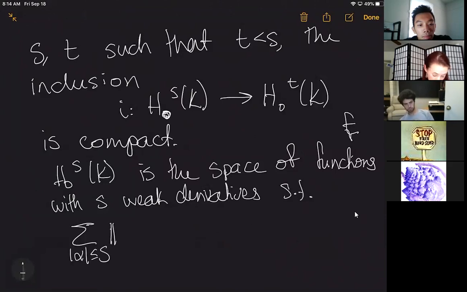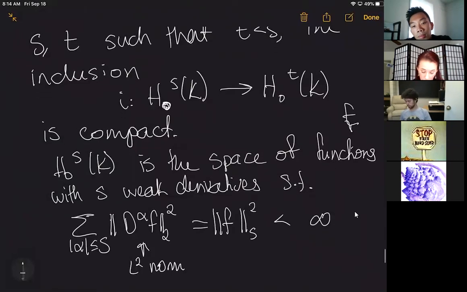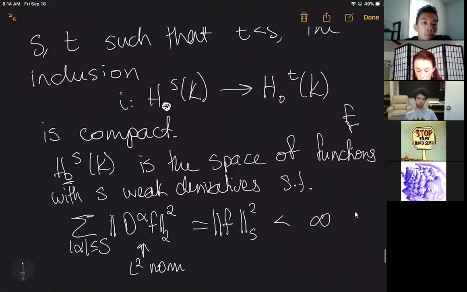So this is the L2 norm of d alpha f, squared, and you write this as this is finite. And the 0 means that we're taking these functions also to have compact support. So yeah, that's what that means. Thank you.